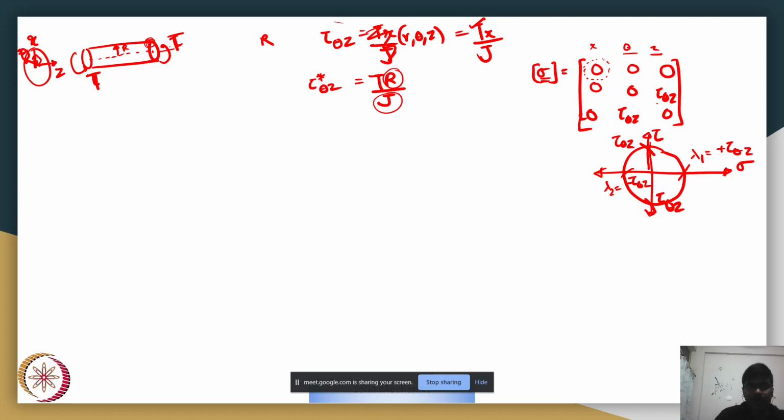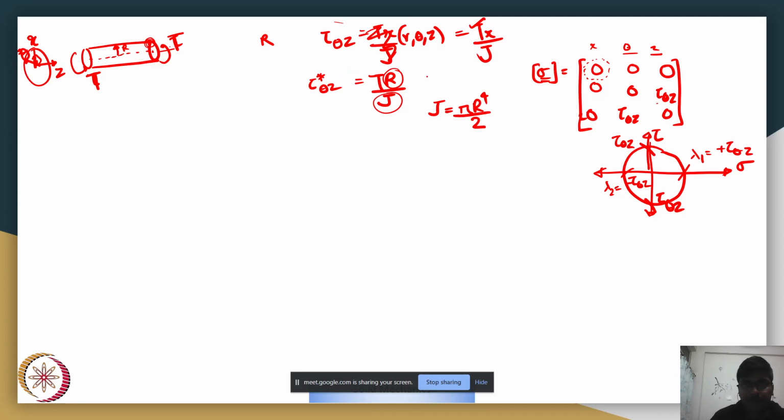Now J would also be a function of R. I'm probably confused, but for the cylindrical case, I think it's pi r to the power 4 by 2, or it's something of this form. I'll have to look at it.